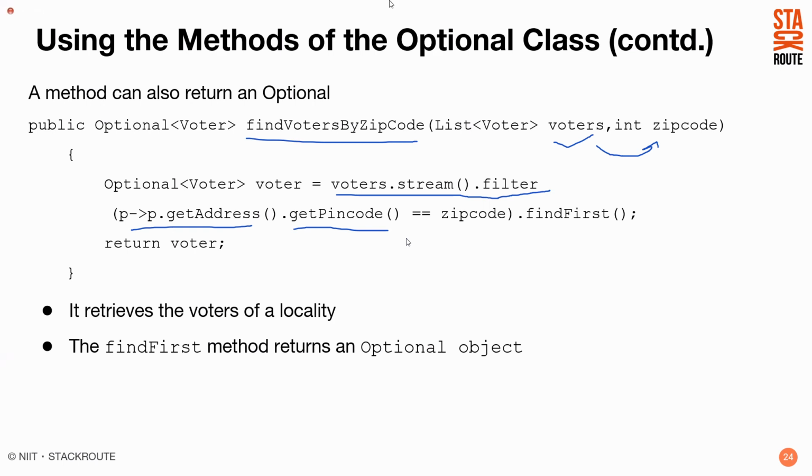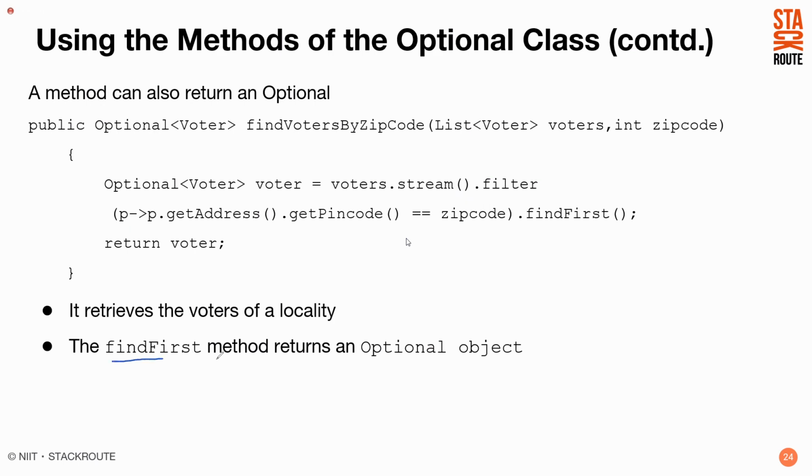Whenever I am passing a collection of records via stream, in that it matches with, here in our case, the zip code, and it is finding the first element. Depending upon the pin code you are passing, it returns the voter details.